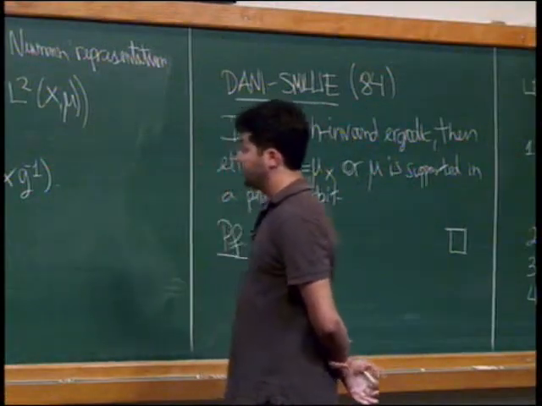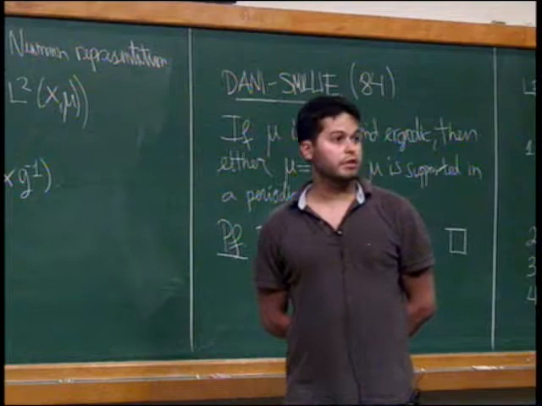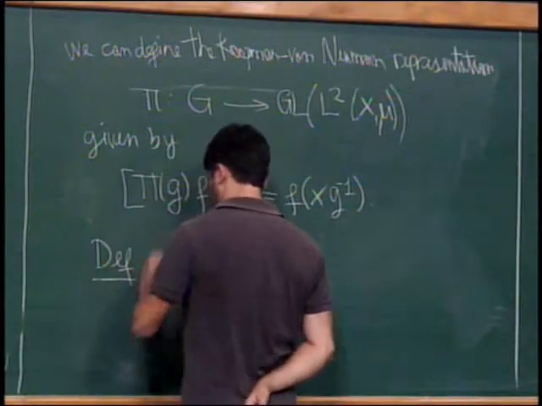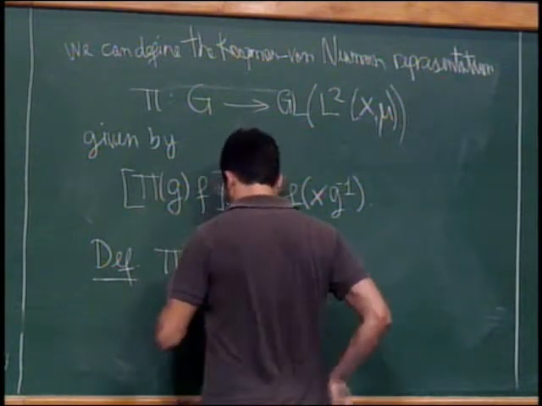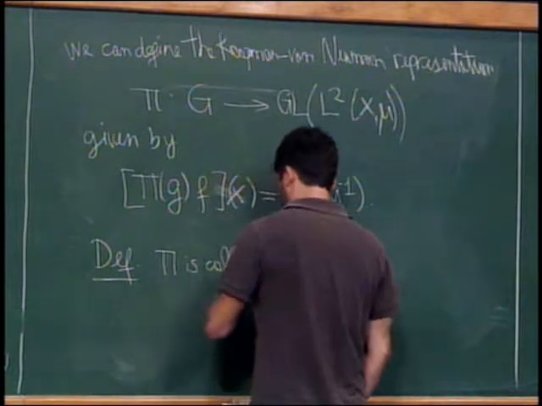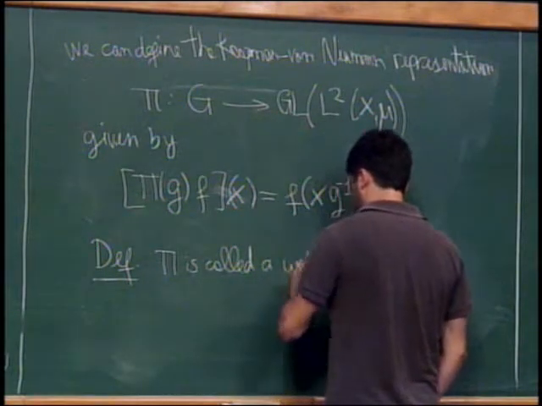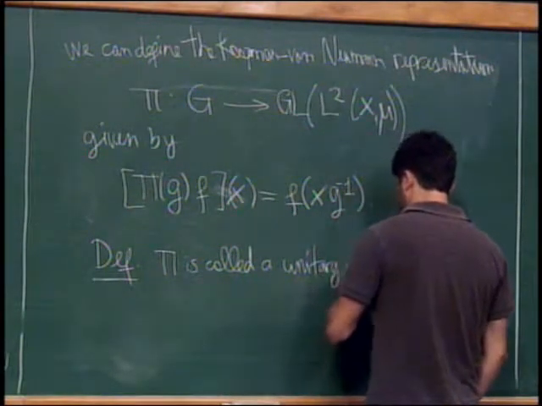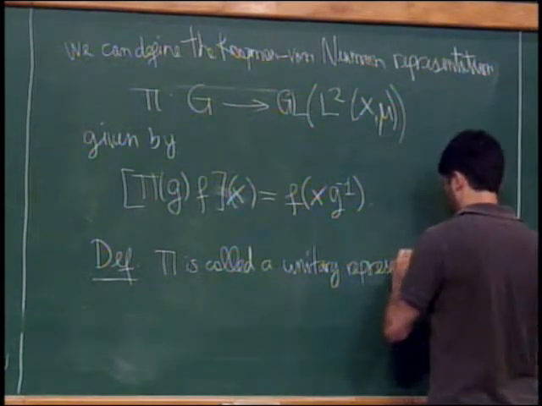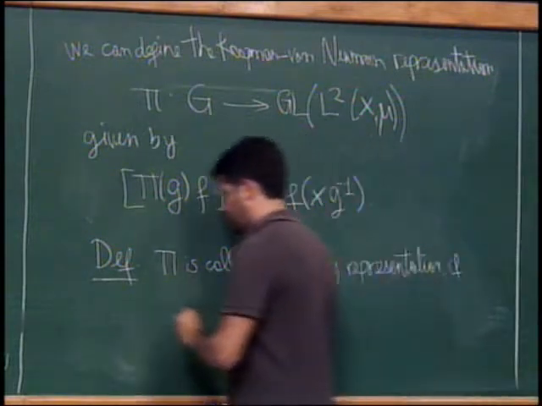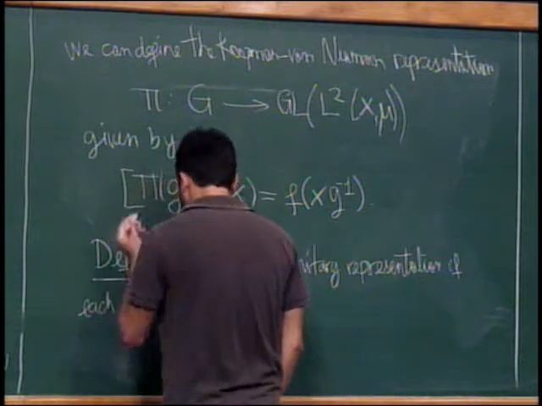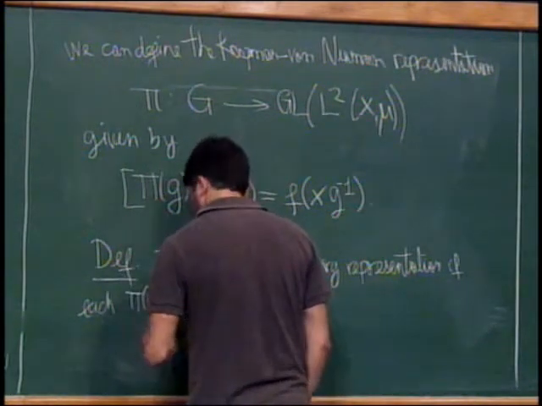And this extra property is that it is a unitary representation. So the definition is that pi is called a unitary representation if each linear transformation is a unitary transformation on your Hilbert space.